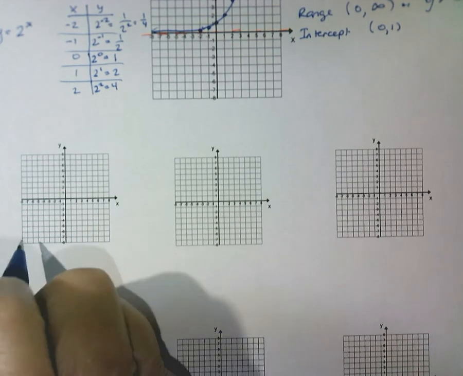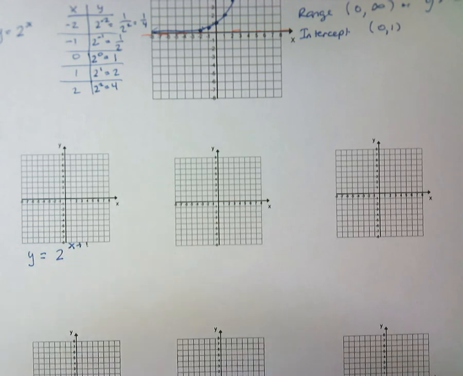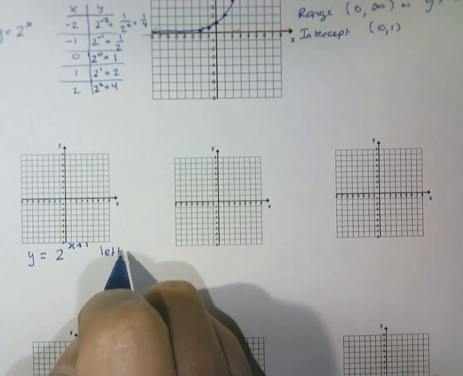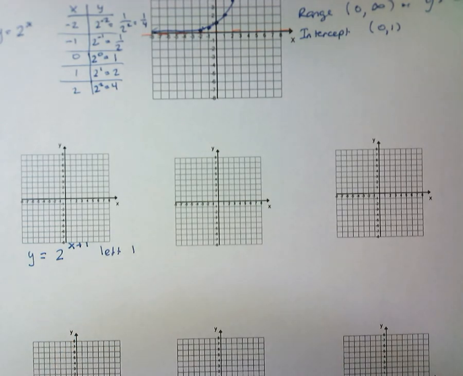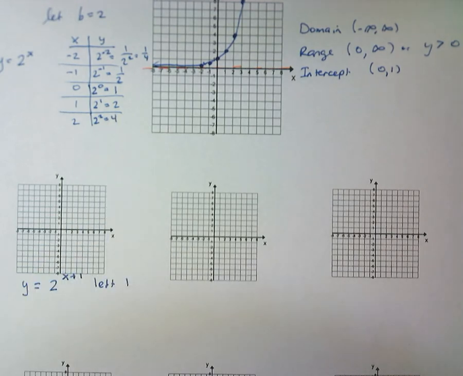So if I took y equals 2 raised to the x plus 1 power, this is going to go left 1. And I just look at the parent graph. I don't go and plot all the points. Again, I could, but to me it's easier to do transformation.